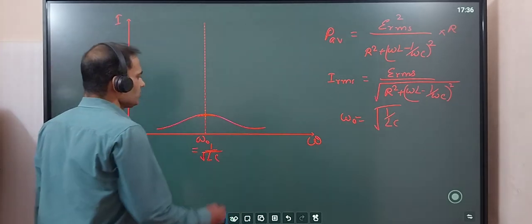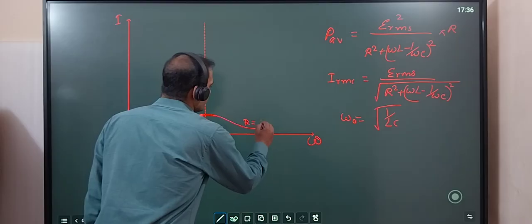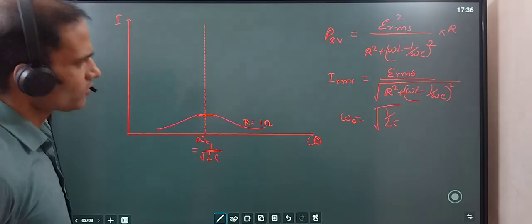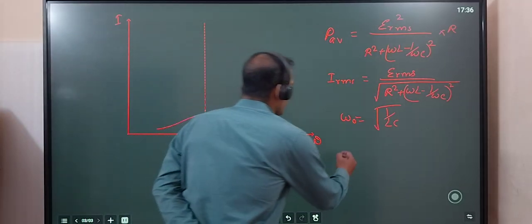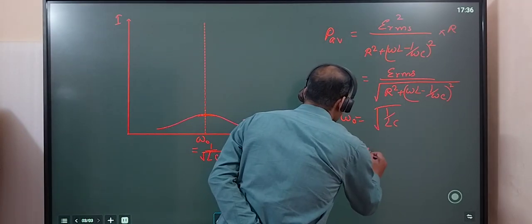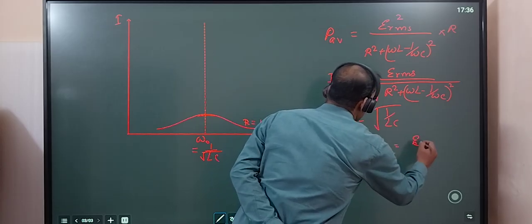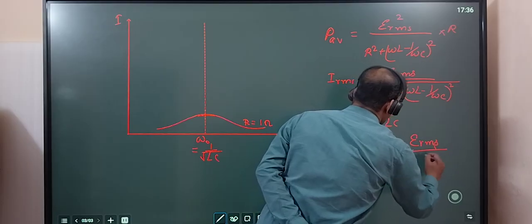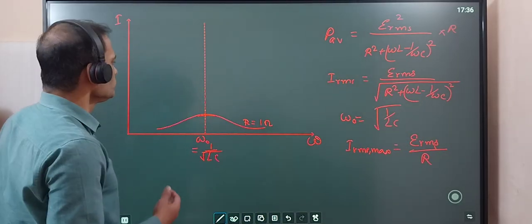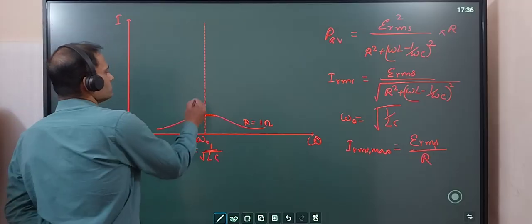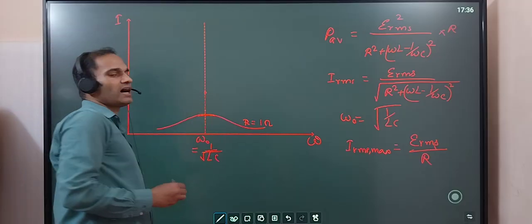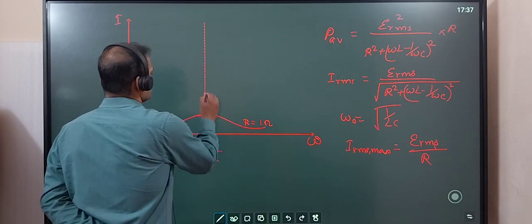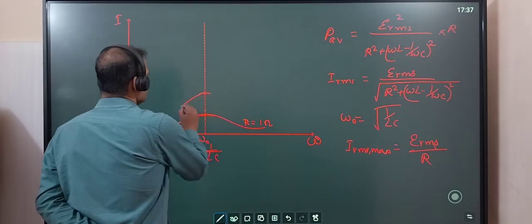Right now I am taking one value of R. Let us say this is 1 ohm, and I RMS max will be E RMS by R. So clearly, if you make the resistance half, suppose that here resistance is half of the original, what will happen?